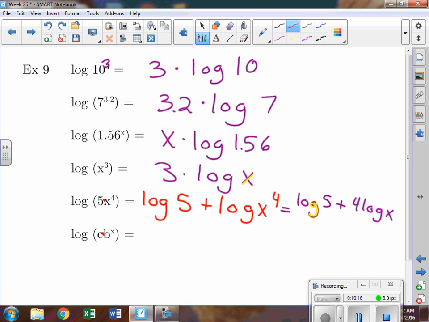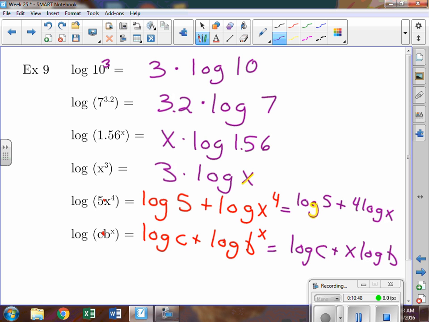Well, because there is a product, the product needs to be split via addition. Continuing that further, the power then, log of b to the x, can likewise be split as x times the log of b.